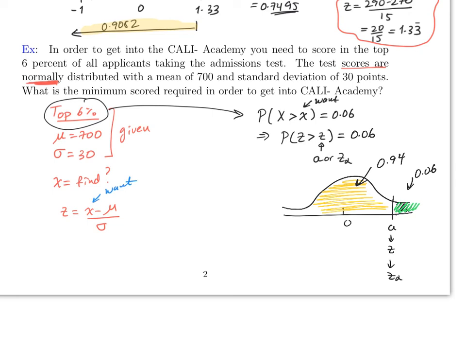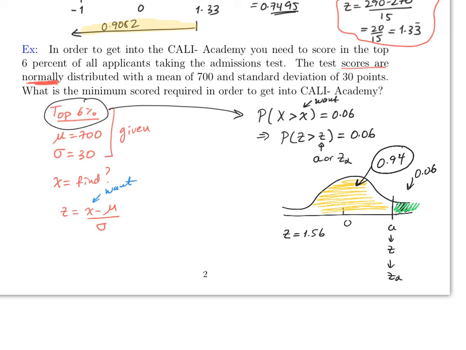Therefore, you look to the table backwards and you try to find the value 0.94, that will give you that z is equal to 1.55 or 1.56, depending on how you round it.